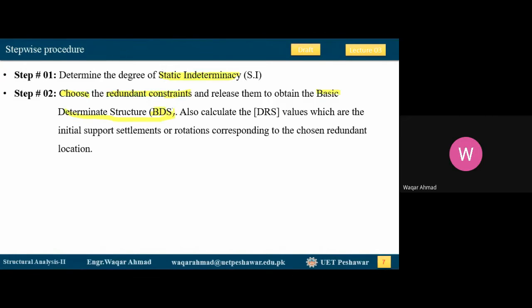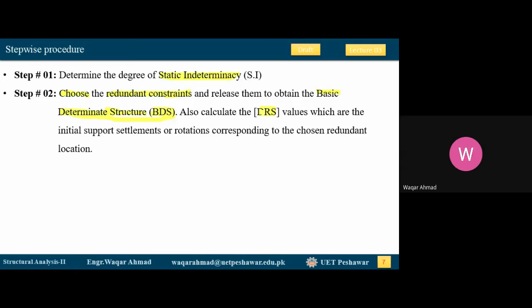I'll be using BDS quite many times in the coming slides. Also, in this step 2, you need to calculate the DRS.